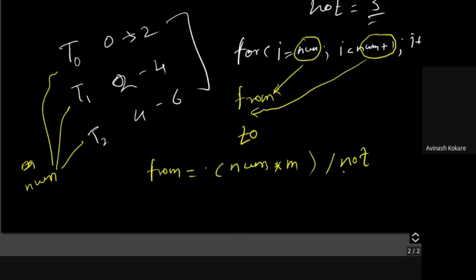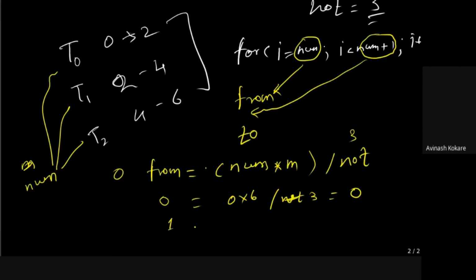Let us check whether this formula is working correctly or not. For the 0th thread, num into m, that means 0 into 6, divided by the number of threads, 3. So it will be 0. Let us consider thread 1: 1 into 6 divided by 3, so it is equal to 2. This is the from value and this is the to value.